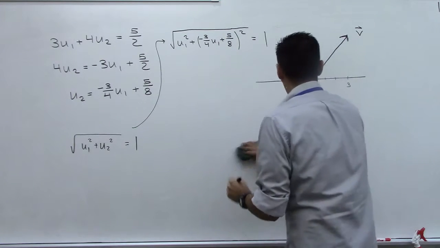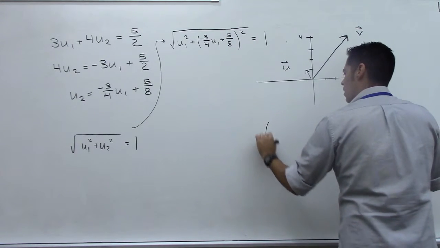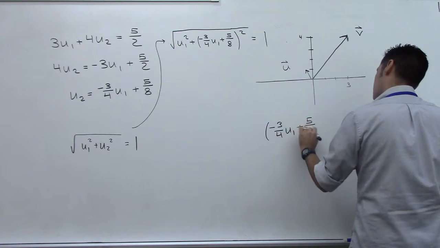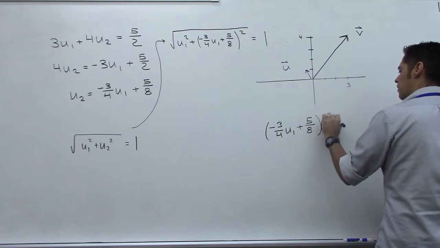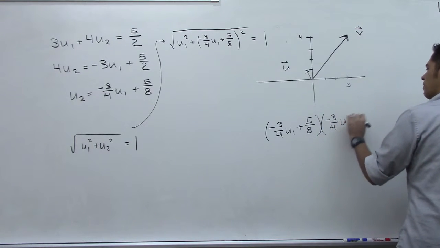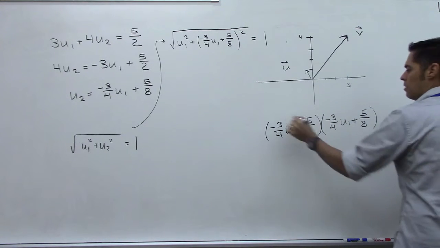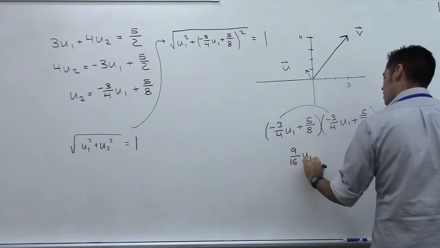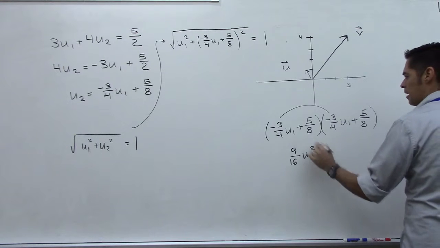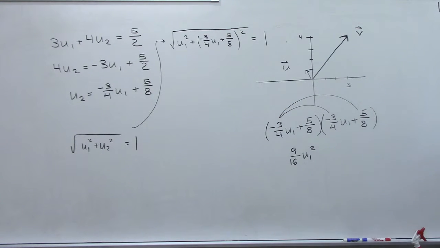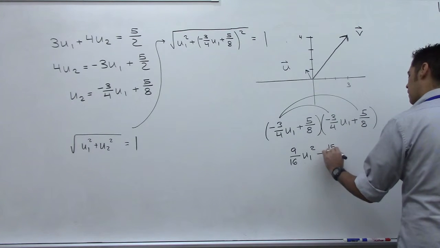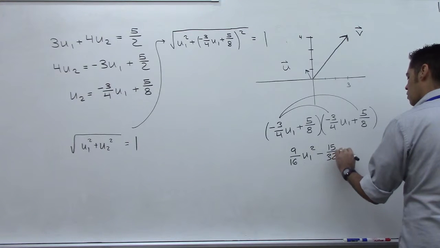Let me go ahead and do that over here. What's negative 3/4 u1 plus 5/8 times itself? Negative 3/4 u1 plus 5/8. Here to here, you get 9/16 u1 squared. Here to here, it's going to be a negative number, negative 15 over 32 u1.